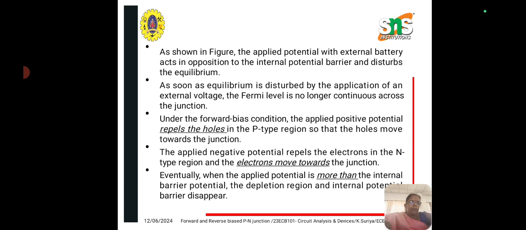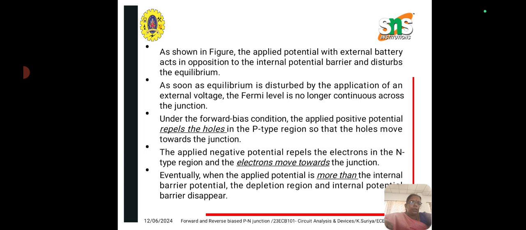When the applied potential of the external battery acts in opposition to the internal potential barrier, it disturbs the equilibrium. As soon as the equilibrium is disturbed by the application of an external voltage, the Fermi level is no longer continuous across the junction. The applied potential repels the holes in the p-type region, so the holes start moving towards the junction.